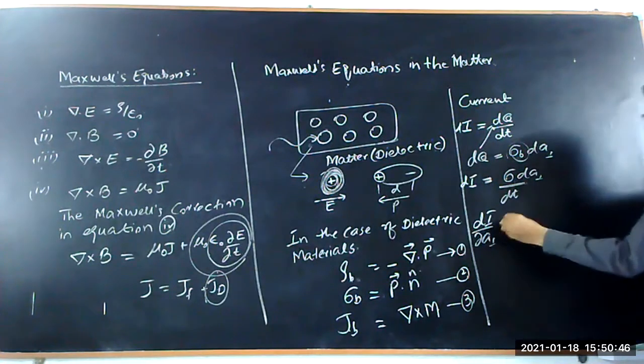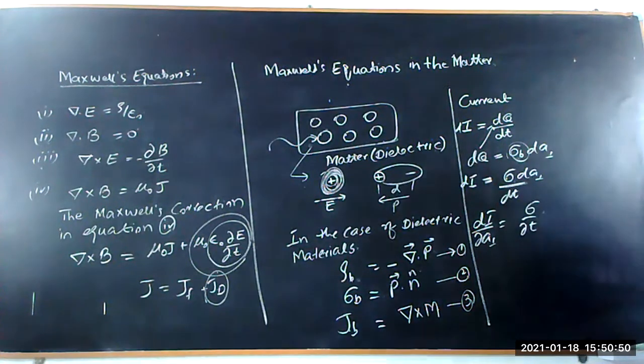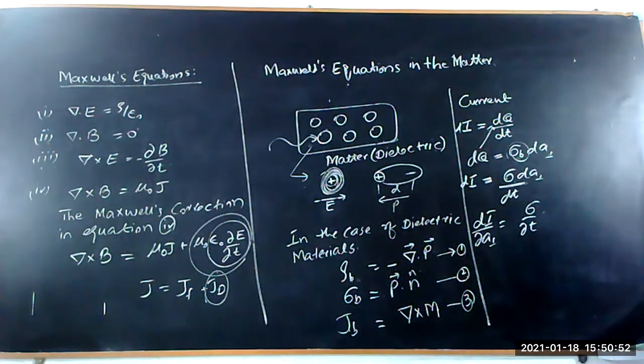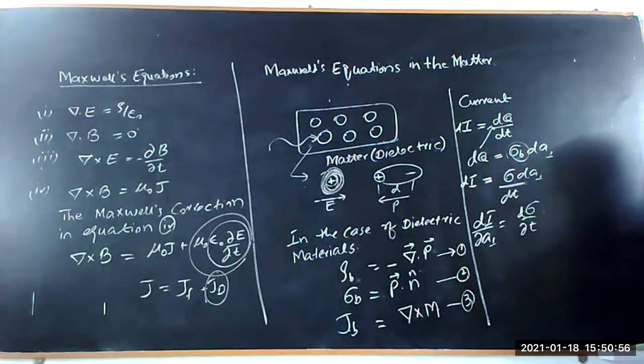So dI over dA perpendicular is equal to d sigma over dt.